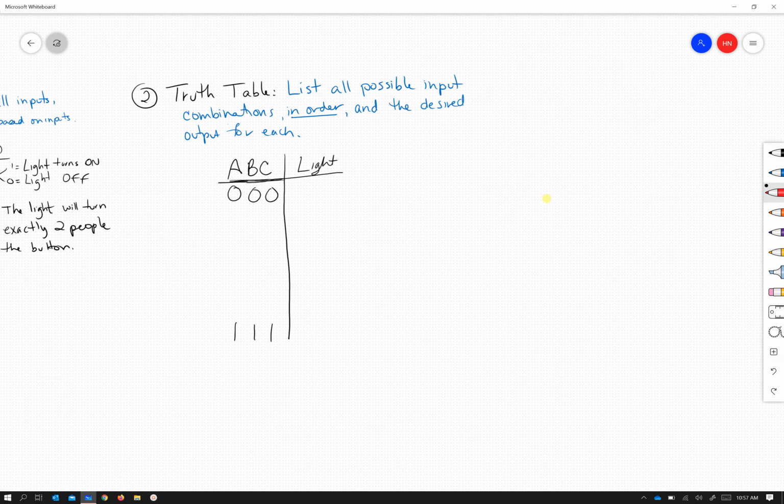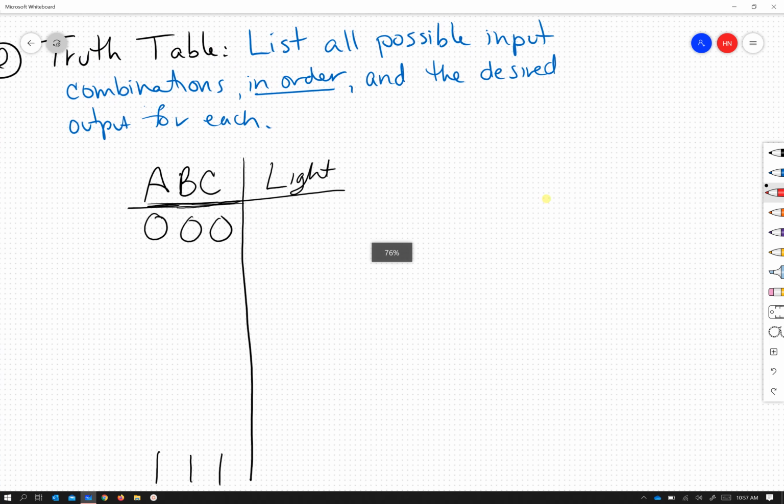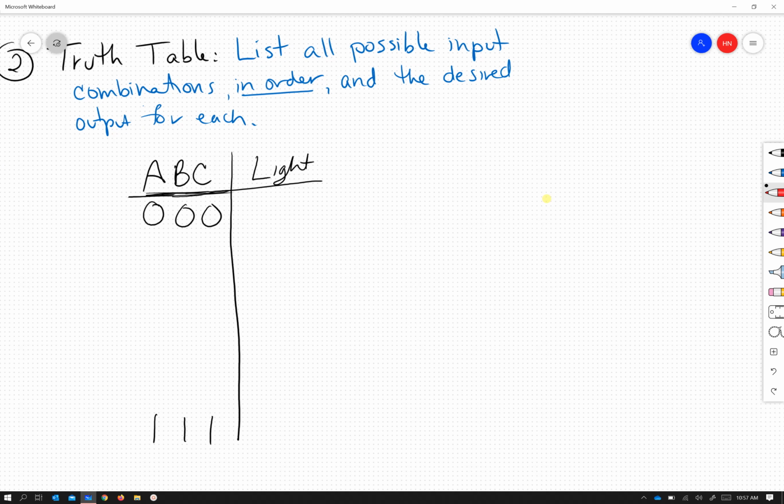So I'm going to make a note right here, and that is the number of combinations. So, oh, my ink is kind of too thick here. So here we go. The number of combinations is equal to 2 to the n, where n is the number of inputs.